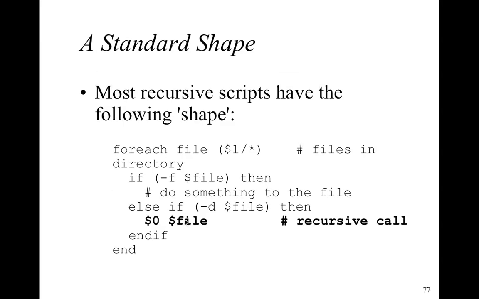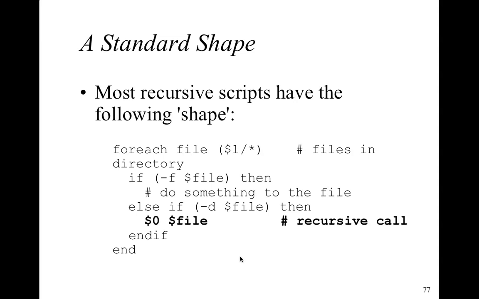So a standard shape. Most of the recursive scripts have a shape, which is kind of like a pattern associated with their design. It's kind of like patterns in C or C++. We have a base case and then we have a recursive case. If you design a recursive function in C or C++, you're going to have the function end eventually, which is the same concept you're going to use with C shells, where you have a base case and then an alternative case that gives you that recursive behavior.